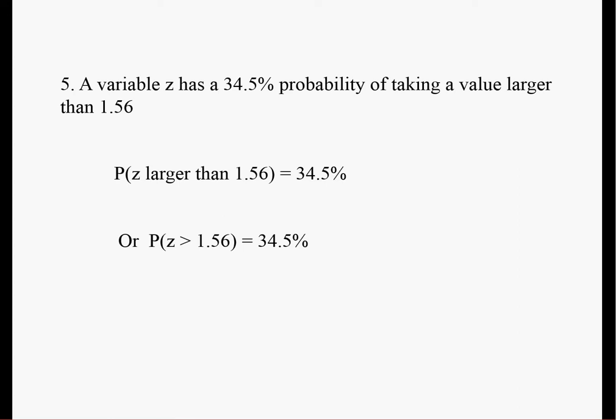Here we use the inequality sign larger than to express an interval. Now, for this interval, the low end is 1.56, and from 1.56 you go all the way to infinity. So again we express interval probability by using the interval notation here.